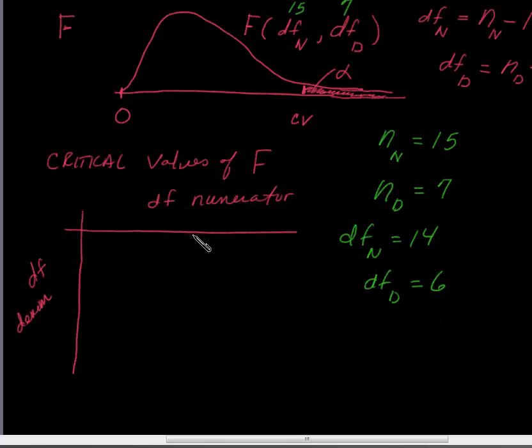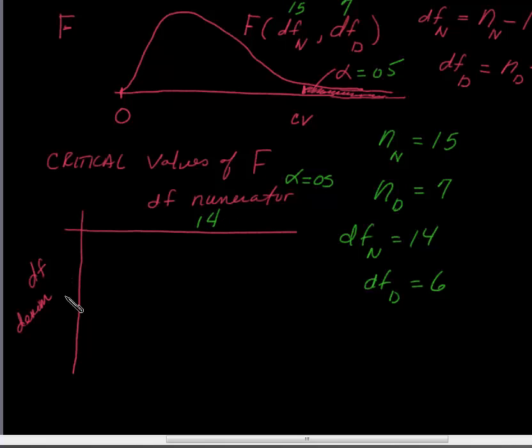To find a critical value for an alpha level of, let's say, 0.5, I would find a table of critical values for F with alpha equal to 0.5, and this whole table will be about equal to alpha equal to 0.5. Across the top, degrees of freedom numerator, I would look until I found 14.